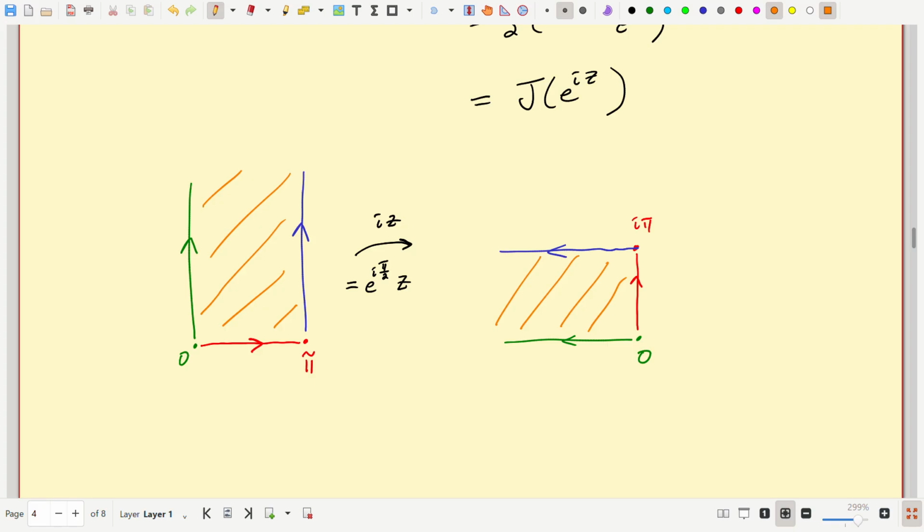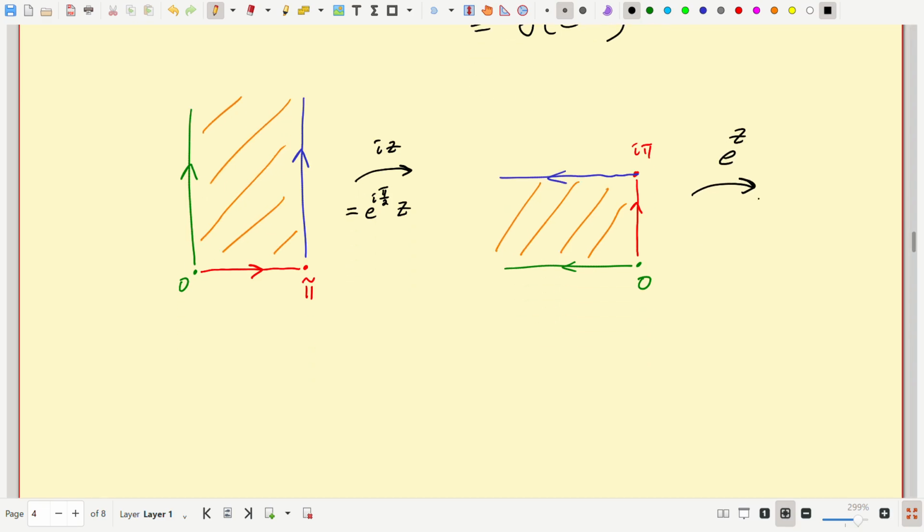And now I'm going to take e to the z. If you think about what e to the z does, that's e to the x plus iy, that's e to the x times e to the iy. And as x goes from minus infinity to 0, e to the x would go from 0, since e to the minus infinity tends to 0, up to 1.